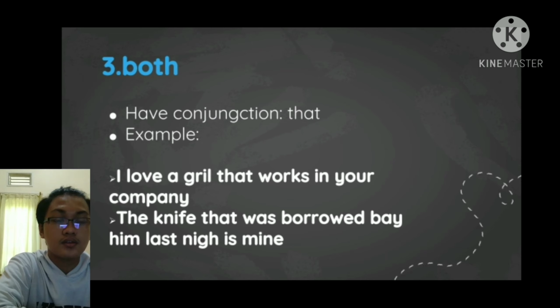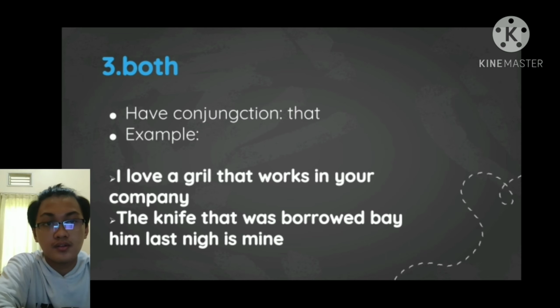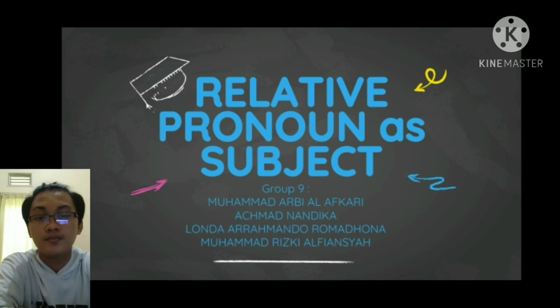And for the second sentence, example number 2, in here the conjunction which we change with that, and then we get the final sentence: the knife that was borrowed by him last night is mine.